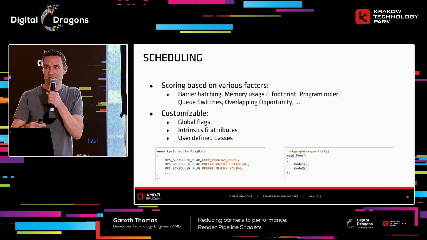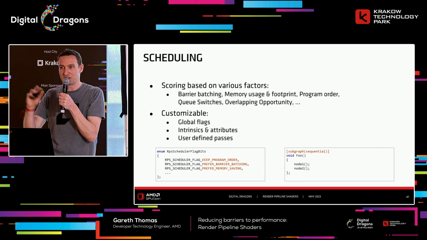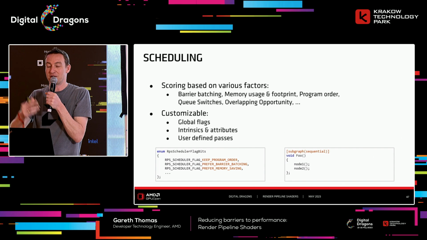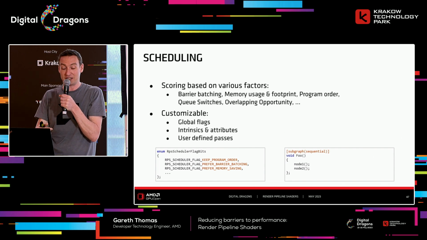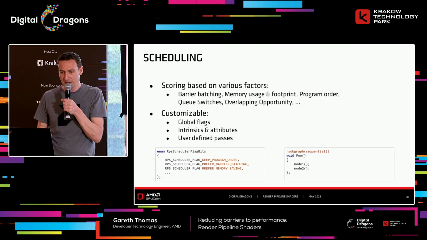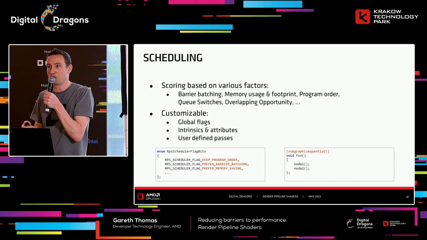And then in that compilation, you've got different ways to optimize your graph. You could optimize it for the minimum amount of barriers, or maybe the minimum render target footprint. And you've got some quite explicit control over it as well.